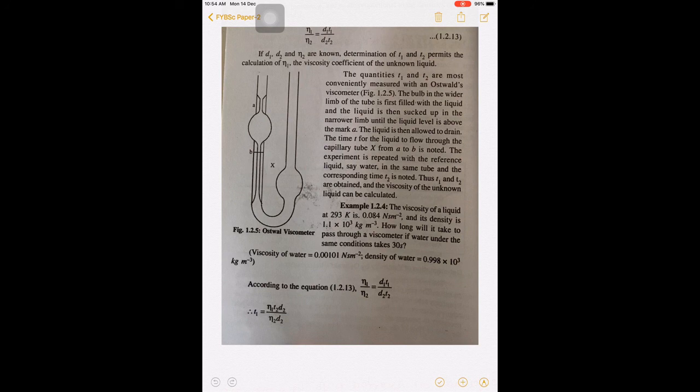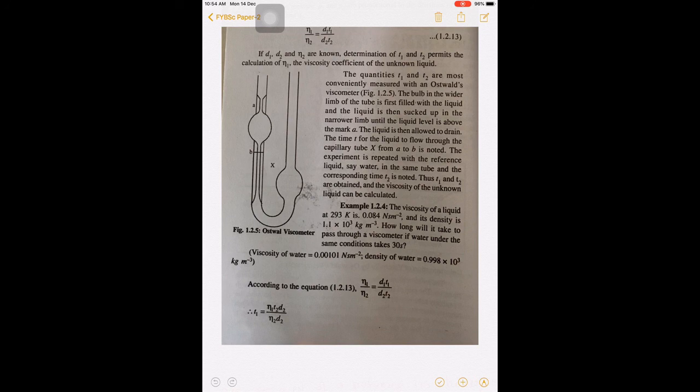We know the T2 value, that is 30 seconds, taken for water to flow from mark A to mark B, and the question is how much time is taken by the liquid sample to flow from mark A to mark B.